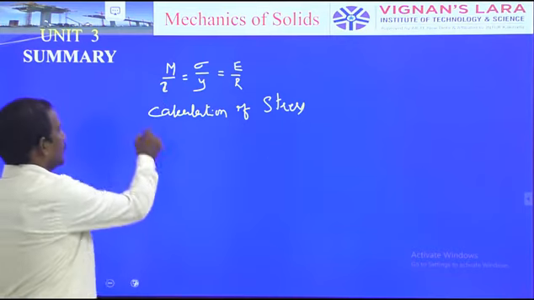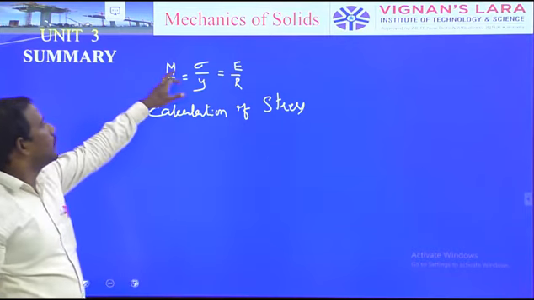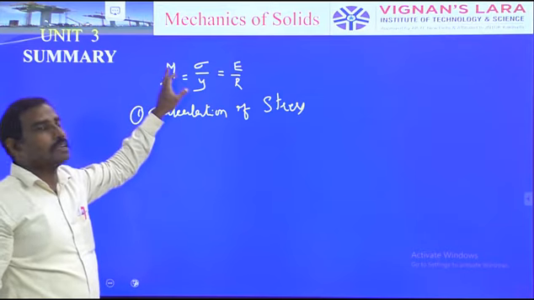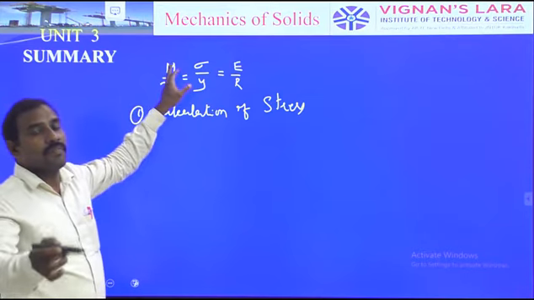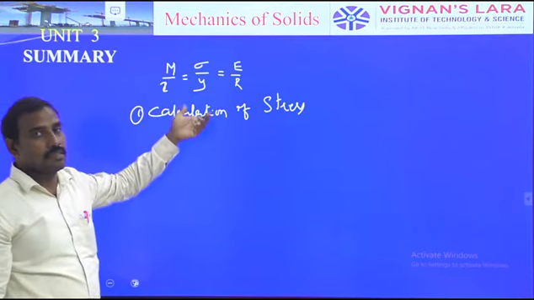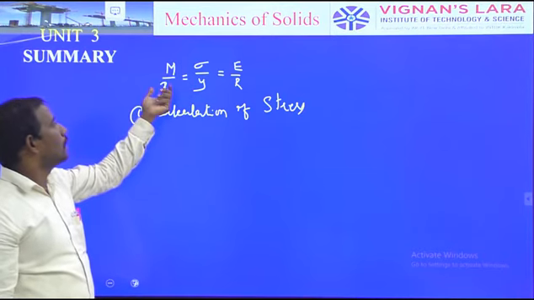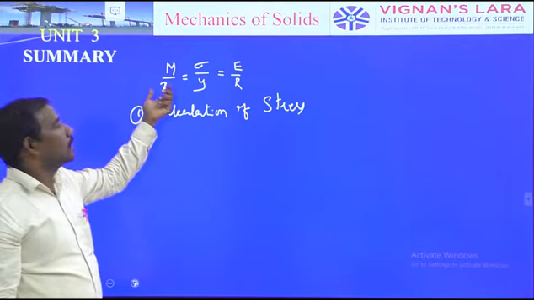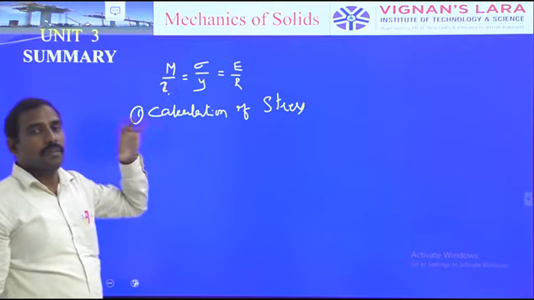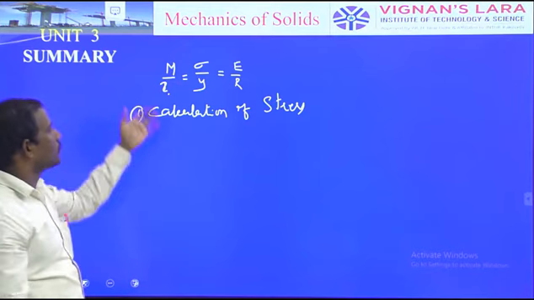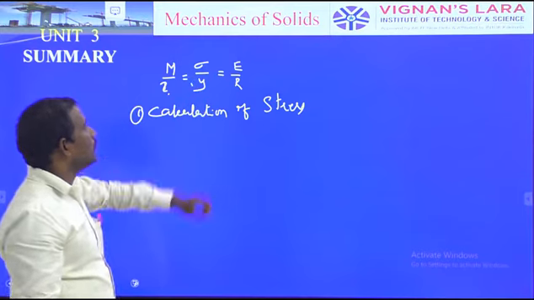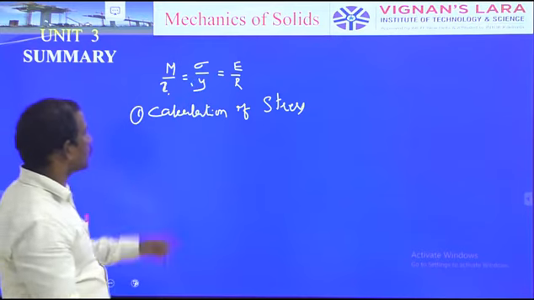First of all, if you know the M value, don't bother about that. If it is not given, we have to calculate the bending moment by formulating the bending moment equation, as we just discussed. And if the I value is not given, you can find out the moment of inertia of a particular cross section about its neutral axis. Then y is the important value.